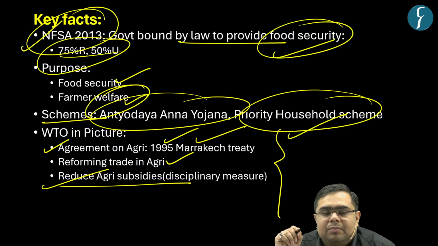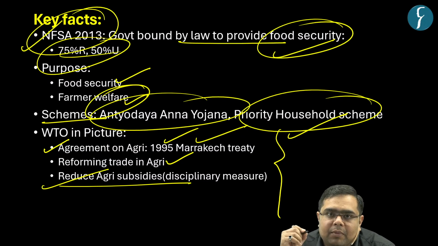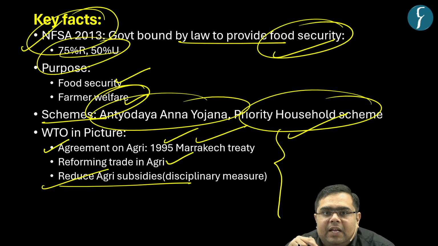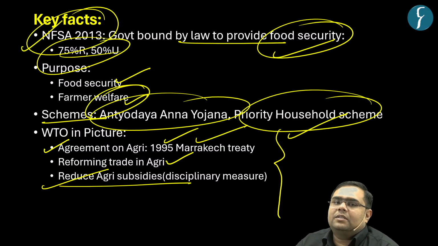But the subsidies in the form of minimum support price that is ensured for the unlimited amount of procurement of wheat and rice would fall under amber box subsidy. So when the government procures and provides MSP, the price is distorted, and then when the government exports from that particular quota, it distorts international trade. So that is the essence.